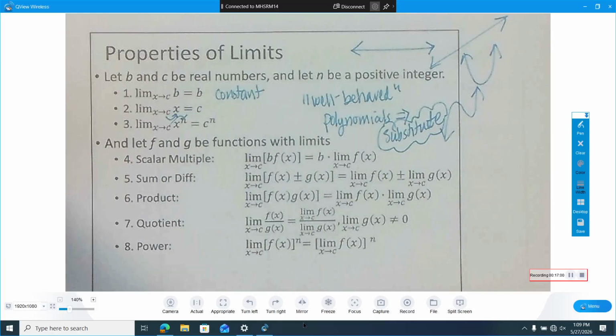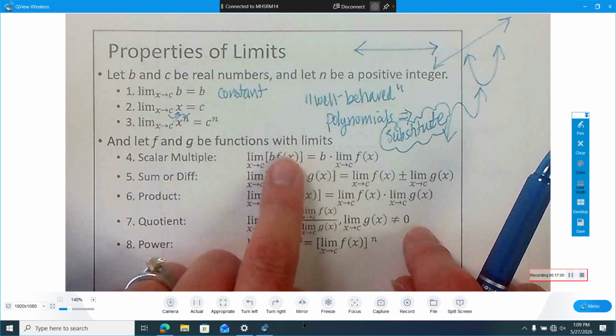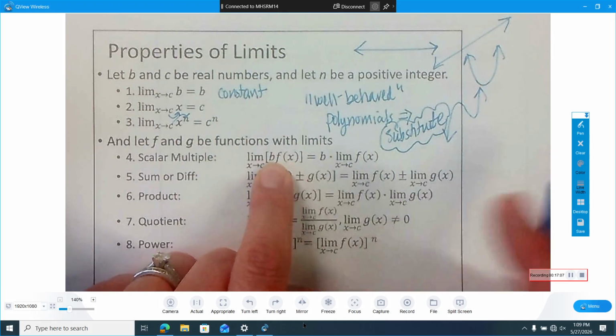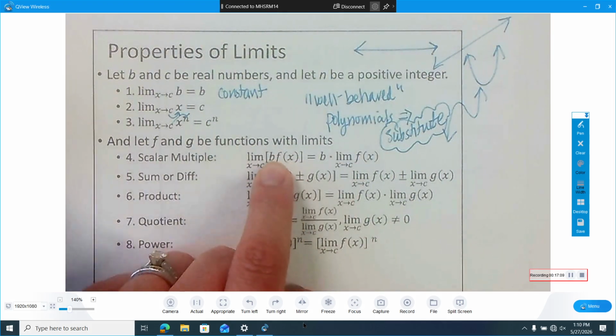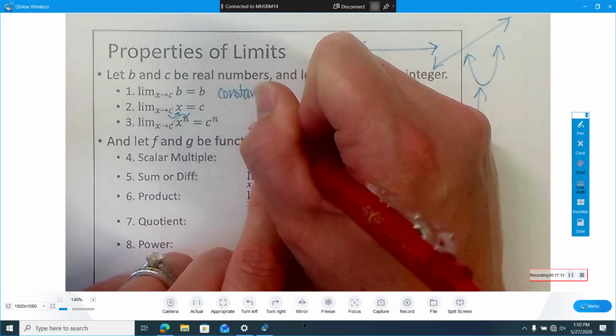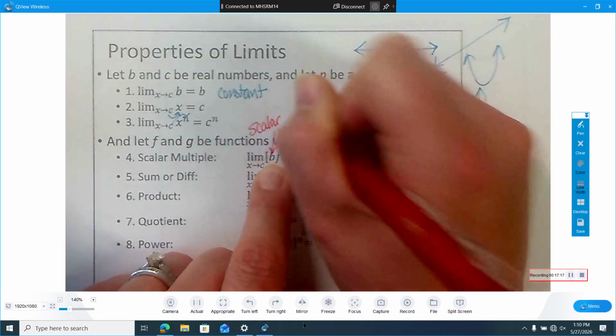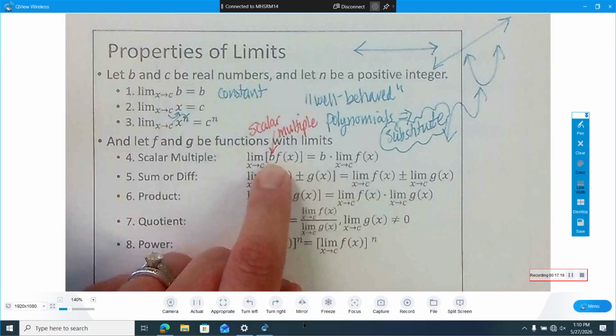Now, the other things we can do when we have limits is, maybe we have a function and it has a number in front. This number in front is called a scalar multiple. All it's doing is multiplying.